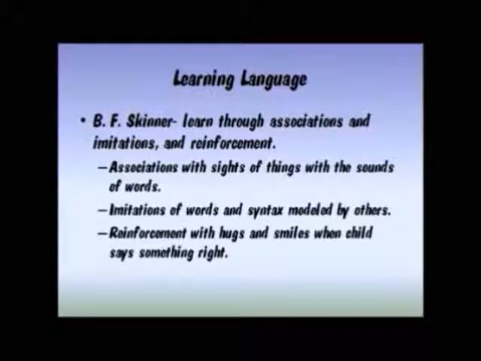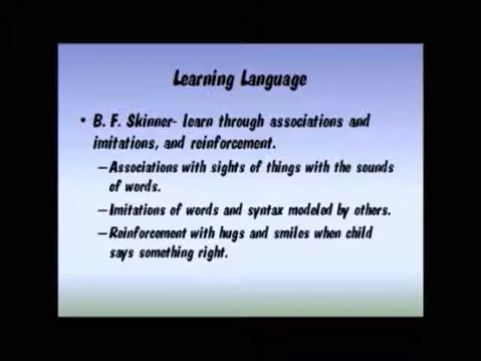B.F. Skinner is basically an operant learning freak. His theory is basically that we learn our languages through associations and imitations, and also reinforcement. Associations with the words, with the sights of things and the sounds of the words, imitations of the words and syntax modeled by others, and reinforcement with hugs and smiles when the child says something right.